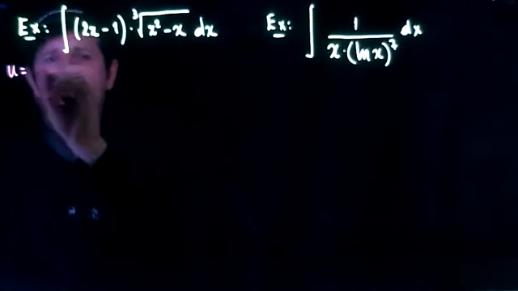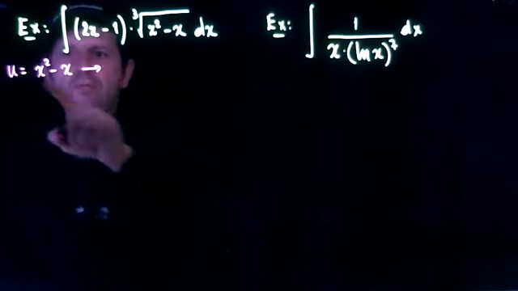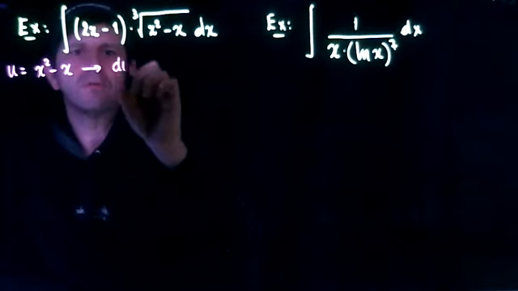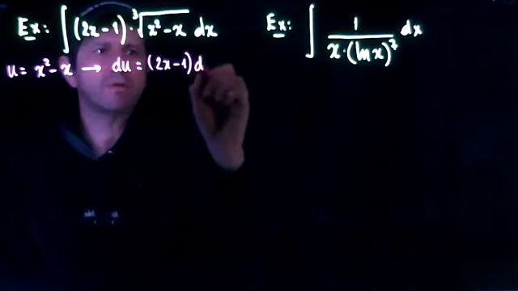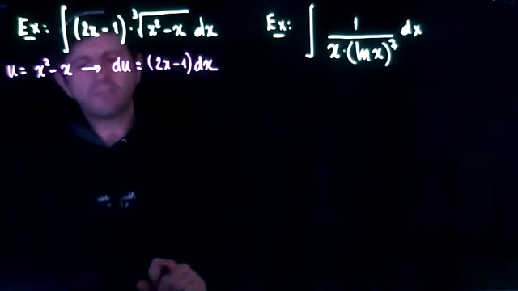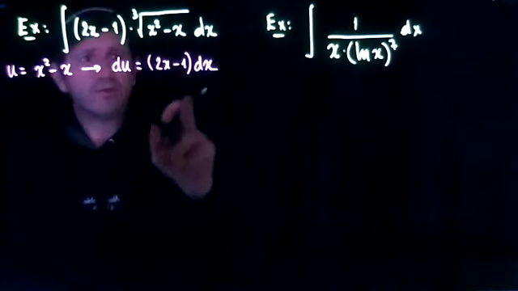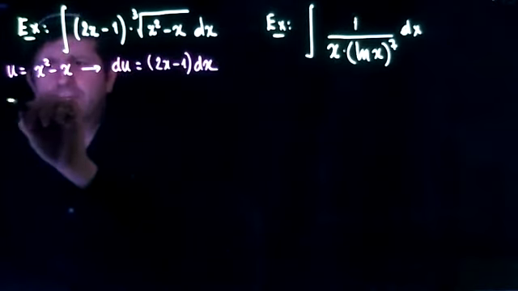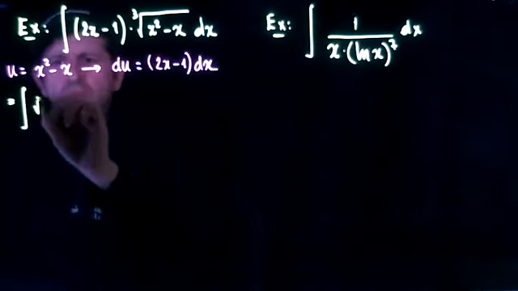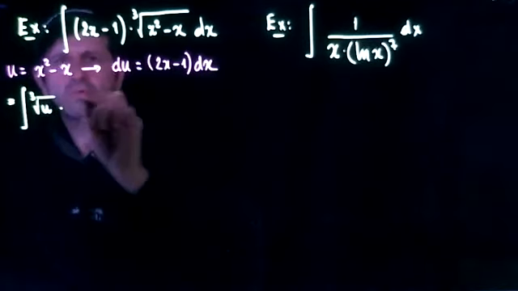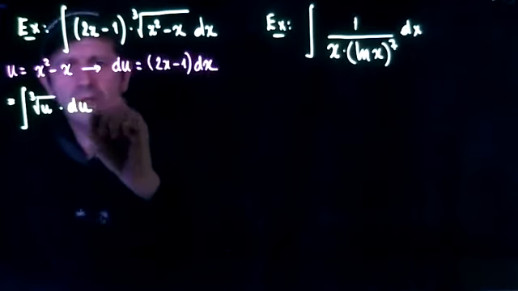So u is equal to x squared minus x. Therefore du, the derivative of x squared minus x, is 2x minus 1 times dx. So I just replace everything directly in the integral. This is the cubic root of u times 2x minus 1 dx, which is just du.